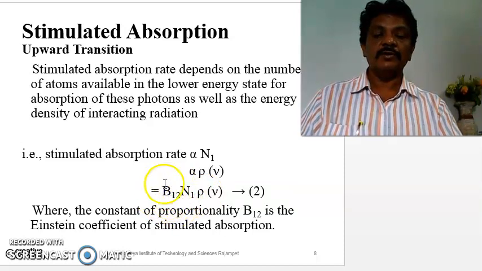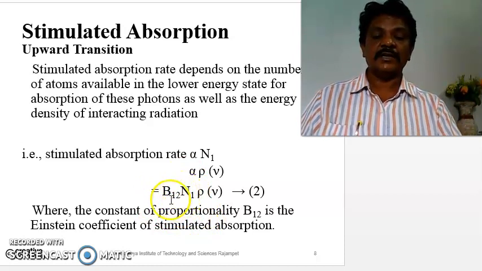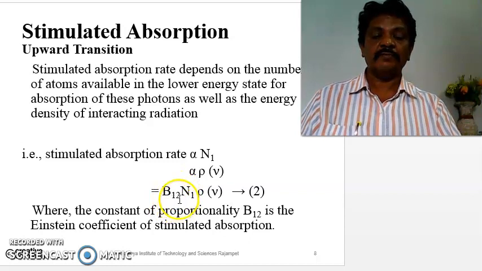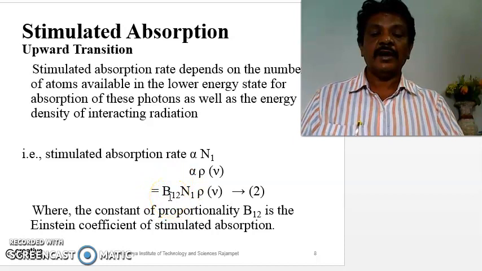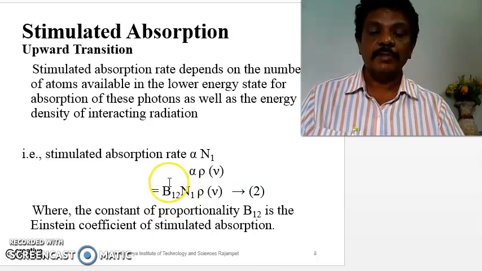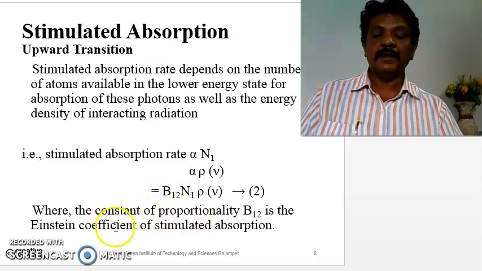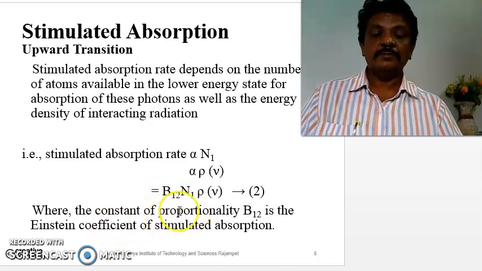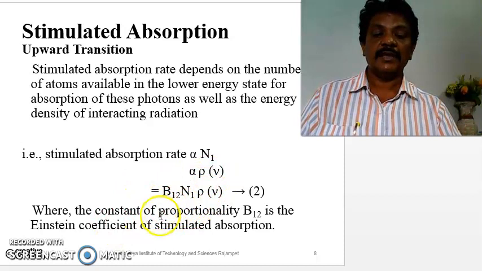Here B12 is the Einstein coefficient of absorption, where the electron jumps from state 1 to state 2, and where this absorption of energy takes place in the material, stimulated absorption is satisfied.